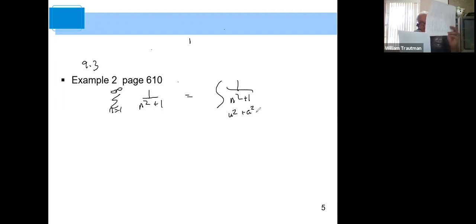I should have written down which one it was. Anybody see which rule it is? 1 over... There it is, number 23. So look at rule 23.